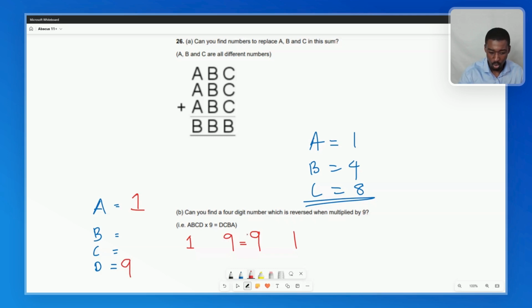Well, what's going on here? First, we have to realize that if D is indeed 9, then remember, this is 9 units. 9 units multiplied by 9, yes, is going to end in 1. But what's 9 times 9? It's not just 1, it's 81, right? 9 times 9 is 81.